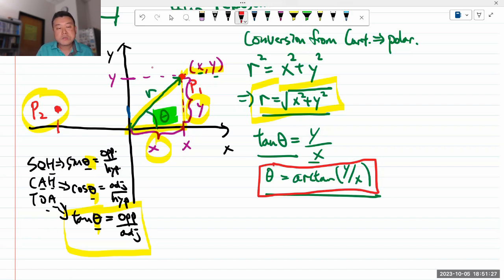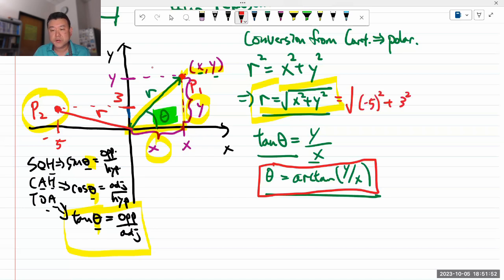Its x component is -5. Its y component is 3. So you go through this. Okay, I want to figure out the magnitude r. So you say r is equal to square root of (-5) squared plus 3 squared.